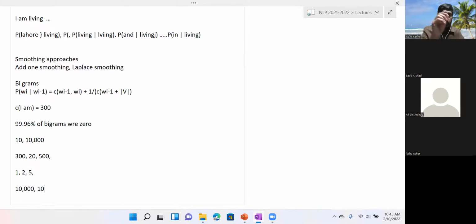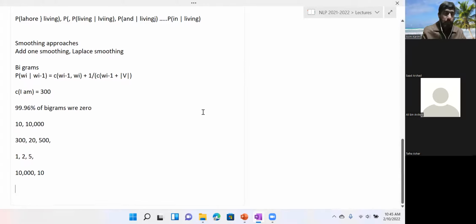And then you're moving the probability mass from those 10,000 to only those 10, giving 1 to those 10. So you're only reducing those 10,000 counts by just 10. While in the previous case, you're reducing the count of those 10 words by 10,000. So those counts would change drastically, which is not desirable and would give erroneous results.